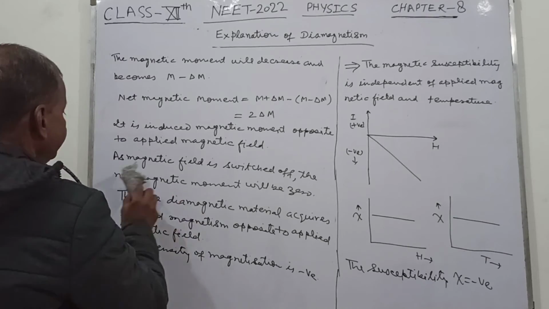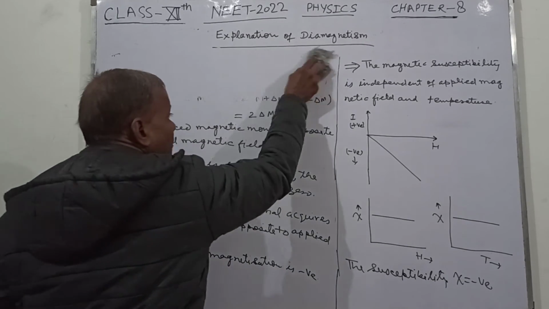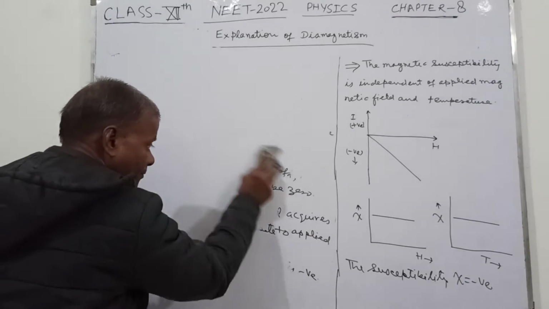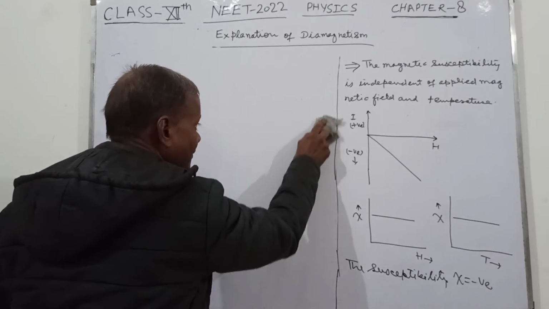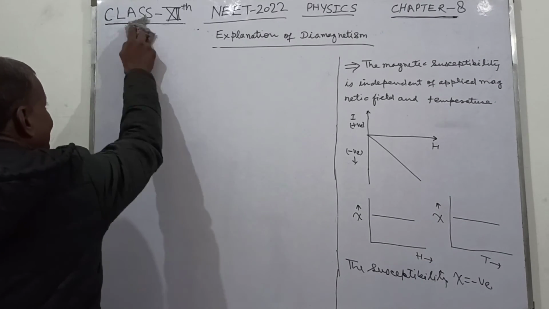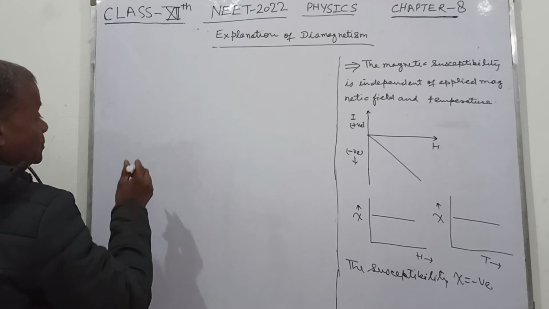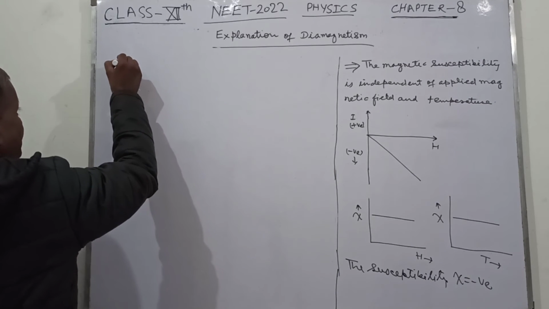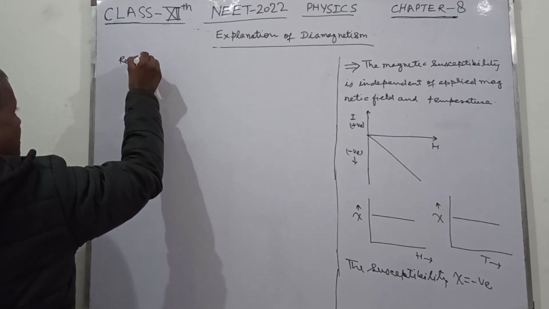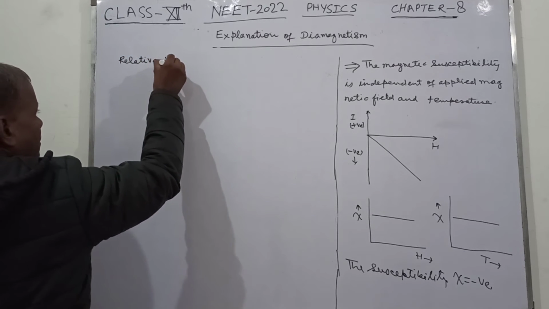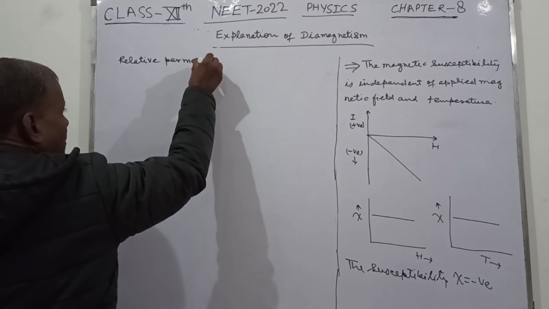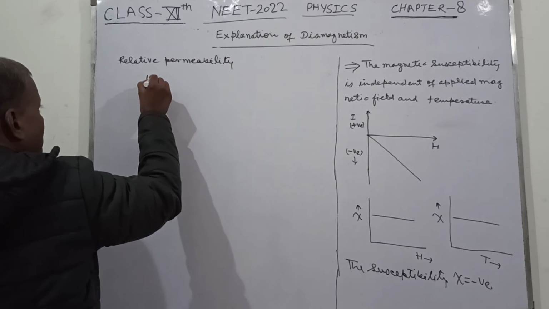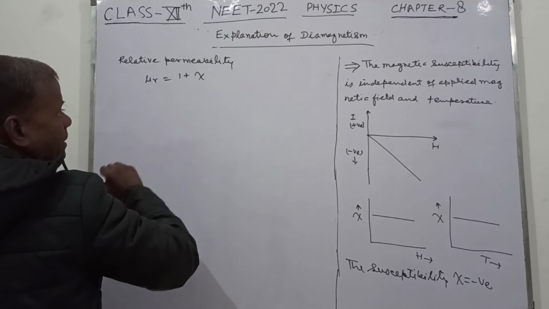As we have the relation, the relative permeability mu r is equal to 1 plus chi.